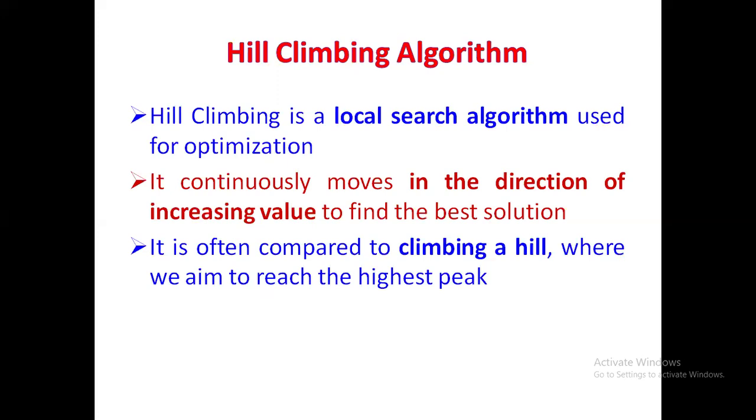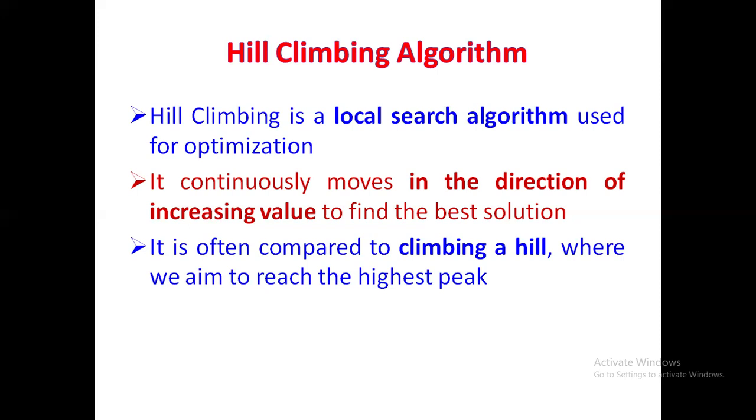Hill climbing is a local search algorithm used in optimization problems where the goal is to find the best possible solution by iteratively improving the current state. The algorithm starts with an initial solution and continuously moves toward a better solution by evaluating neighbor states.